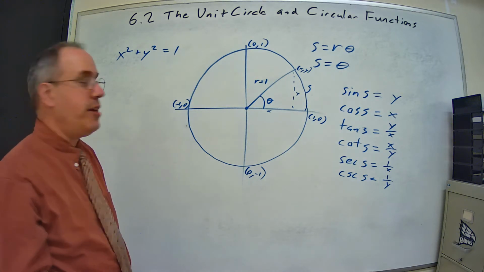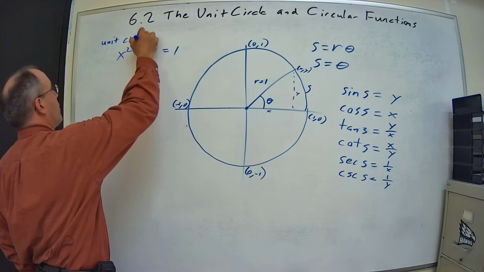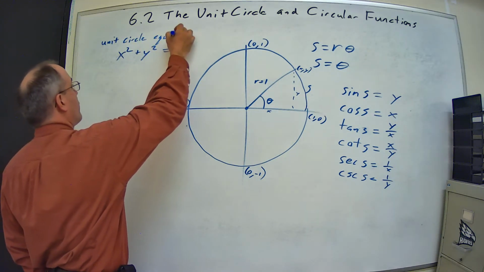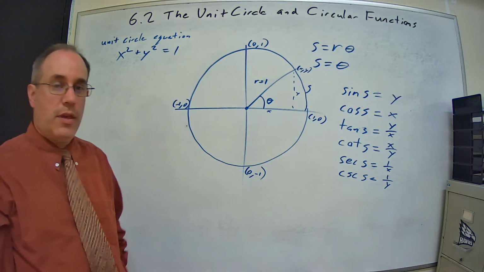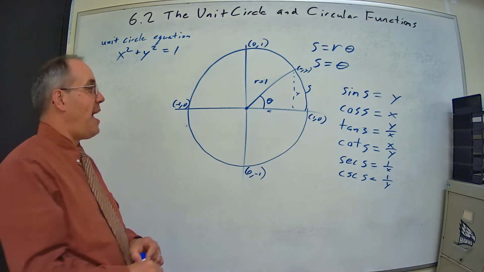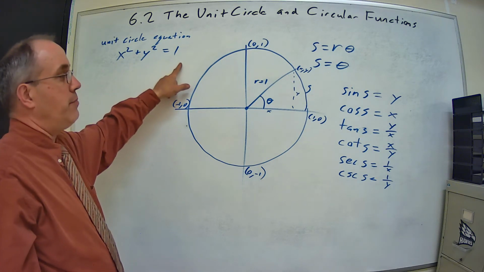So that is the equation of the unit circle. Which is kind of handy to know. In fact, x squared plus y squared equal to 1.